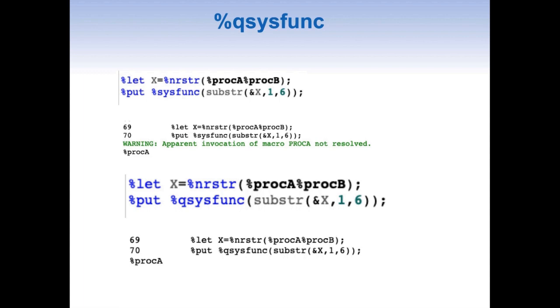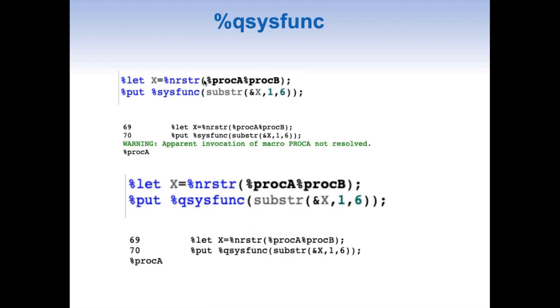And now what I want to do is use %sysfunc and the datastep function substr and extract something from this particular text. What I want to extract is %proc a. So what I am saying is %sysfunc substr, and then I'm using this macro variable itself, and I'm saying to extract starting from the 1st position to the 6th position.